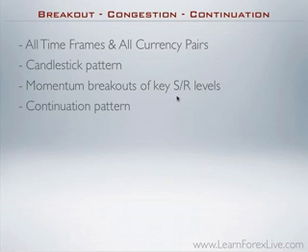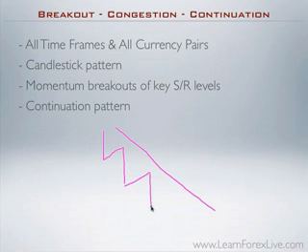Now, that key level of support and resistance can take any shape, and I really mean any shape. We can be searching for breakout congestion continuation patterns upon the breakout of a trend line. Let's imagine we have price swinging off a diagonal level of support and resistance, which is basically the definition of a trend line.